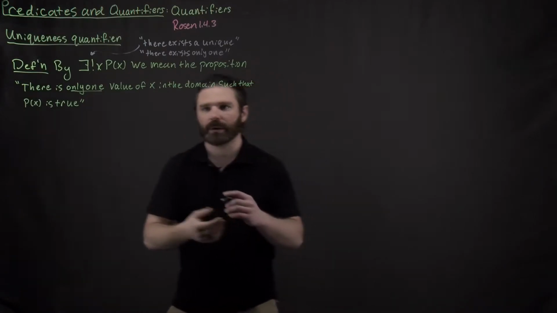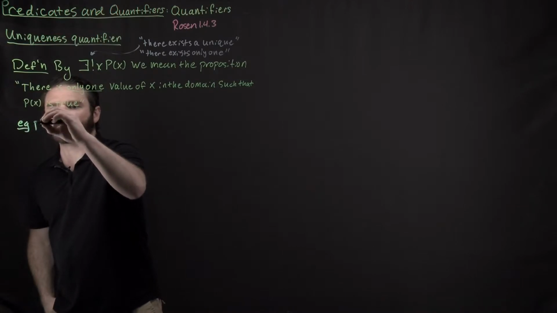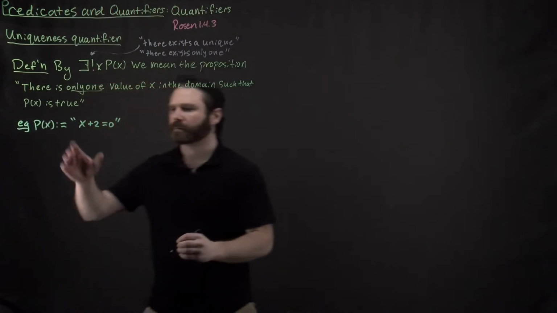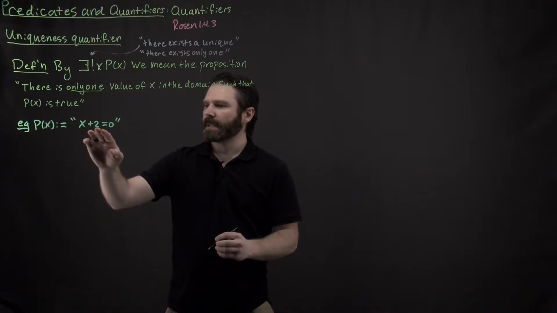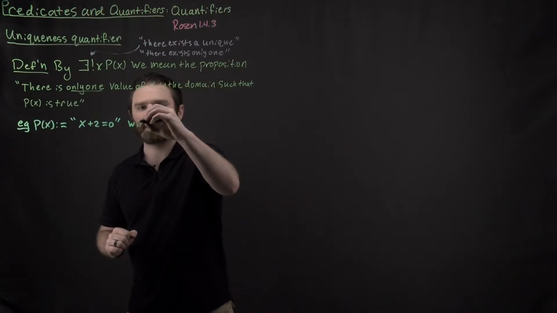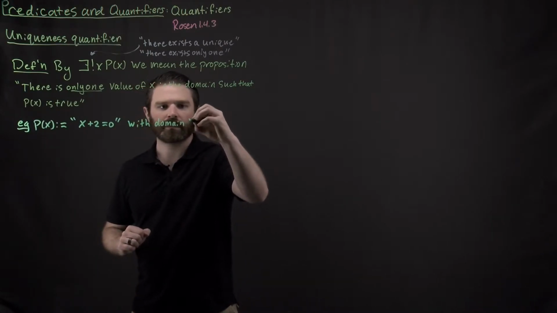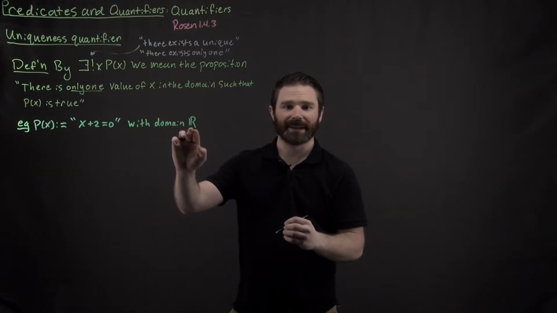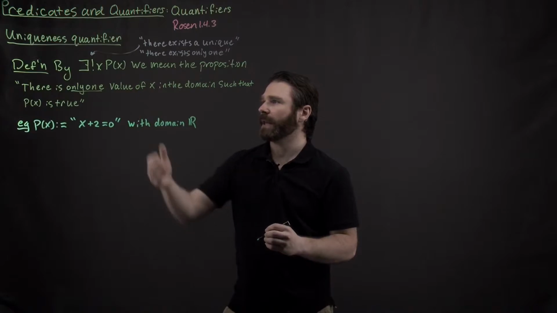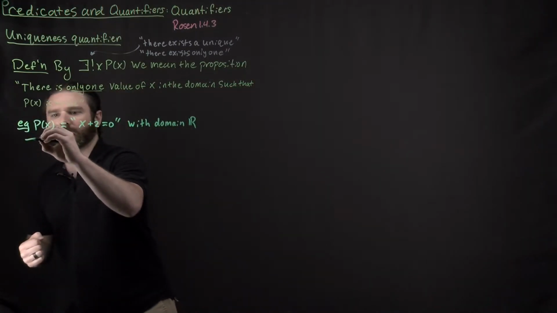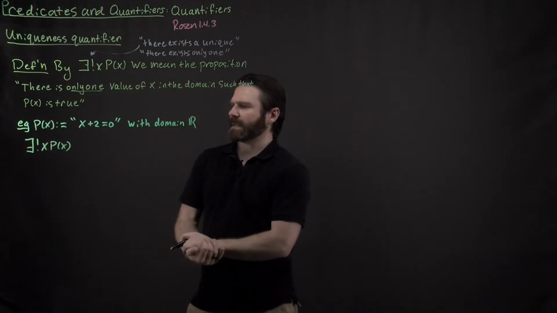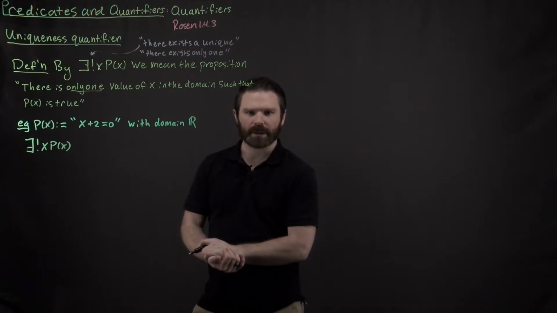So as an example, if we were to look at the propositional function, x plus 2 equals 0, with our domain all real numbers, again here using this notation for all real numbers, and we are to consider this uniqueness quantifier, is this proposition true or false?